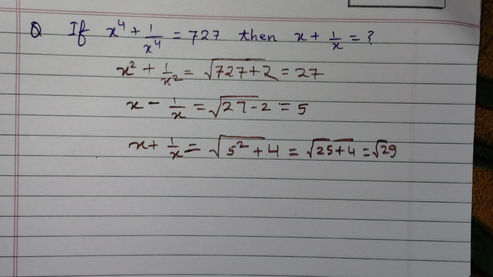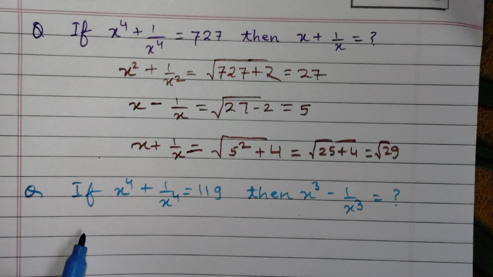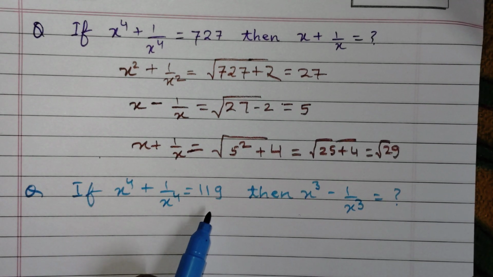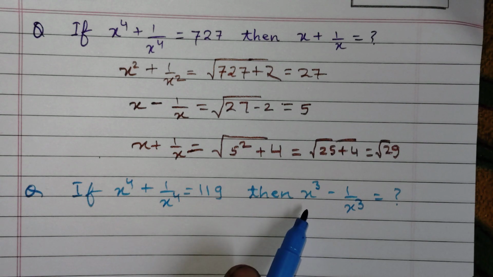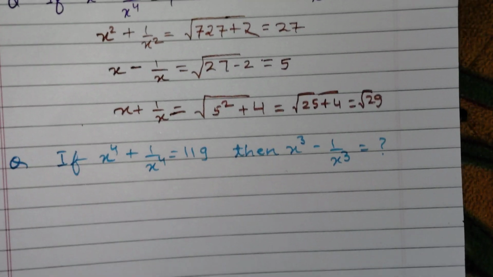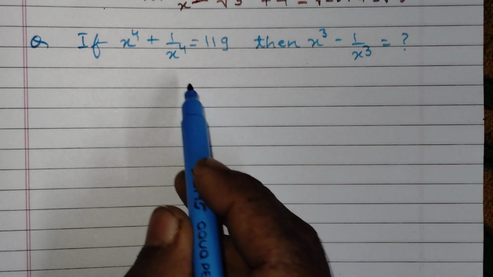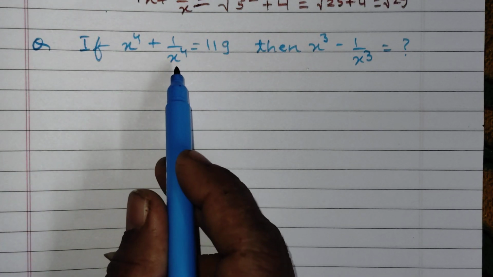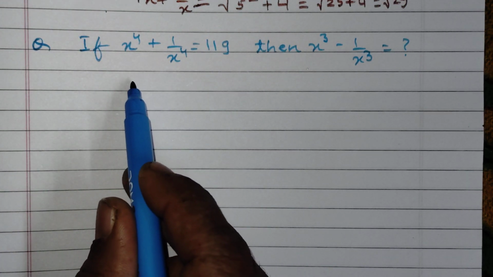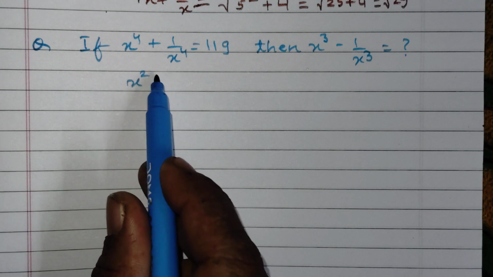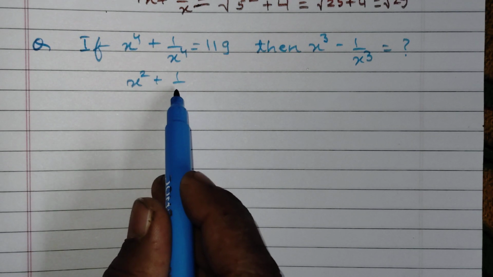Next question is, if x4 plus 1 upon x4 equal to 119, then we have to find x cube minus 1 upon x cube. So here given x4 plus 1 upon x4 is 119. So what we do, we first find x square plus 1 upon x square.